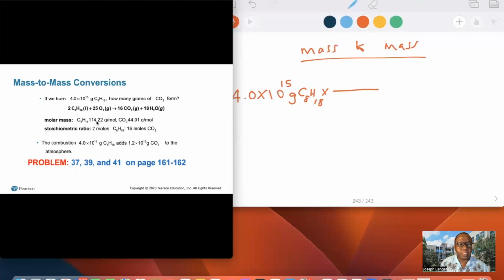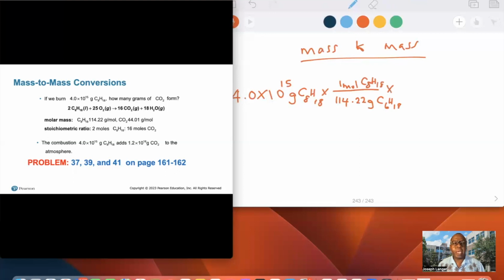molar mass. You may be given, you may be required to find. This is 114.22 grams of C8H18. This is 1 mole of octane, C8H18.